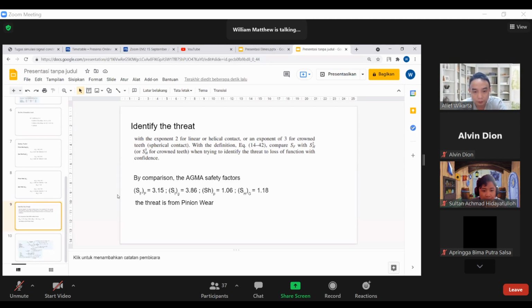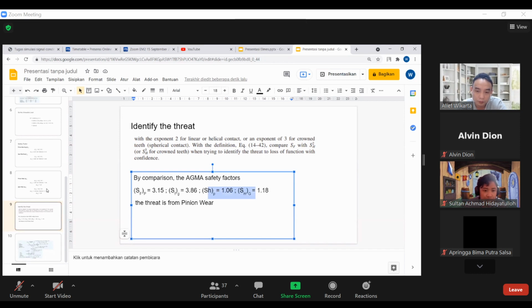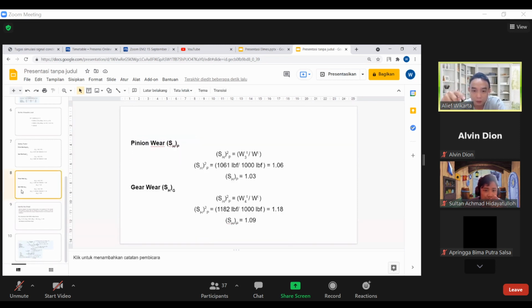From the book I read that we need to square the wear safety factor if we want to compare it with the bending. Square it means multiply by itself.